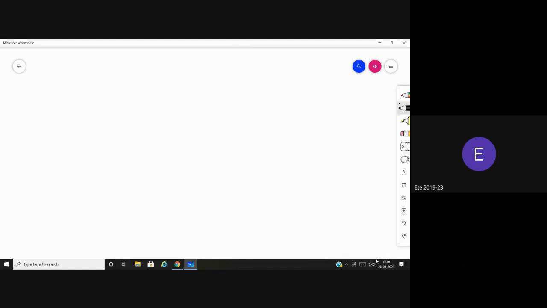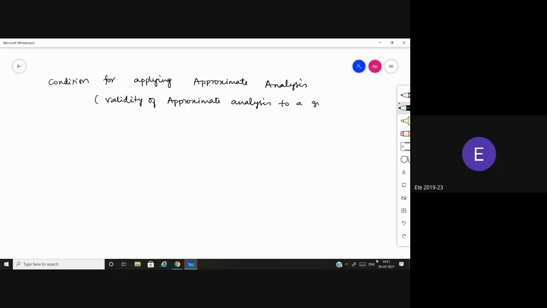For that we have one standard equation, or we can say a condition for applying approximate analysis, or to check the validity of approximate analysis for a given circuit.